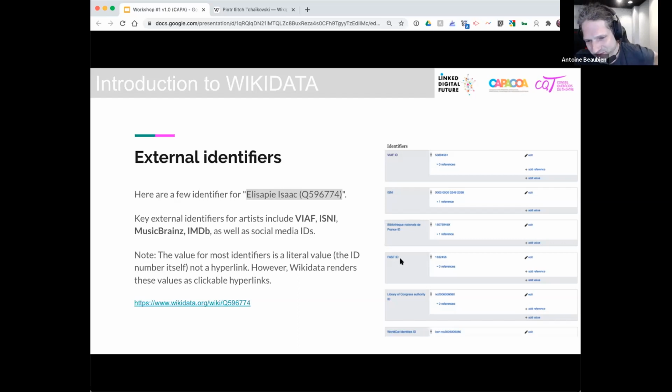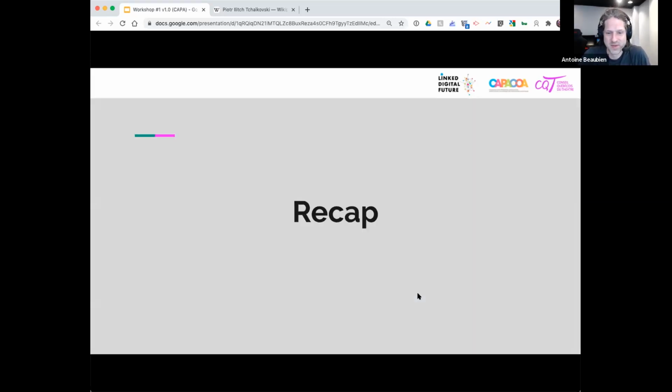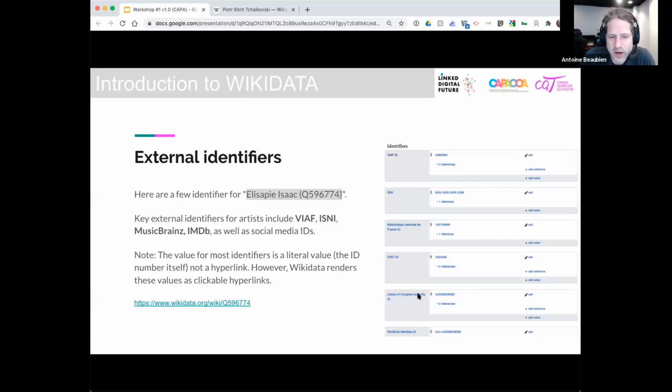So like I said, there's a lot of properties that are actually identifiers. So FAST ID is another property to identify to a special external service. Library of Congress, which is a big library, probably one of the biggest in the world. So they have IDs for all authors or books, so we can link it into Wikidata with this. There's also MusicBrainz or IMDb, which are also very well known external identifiers.